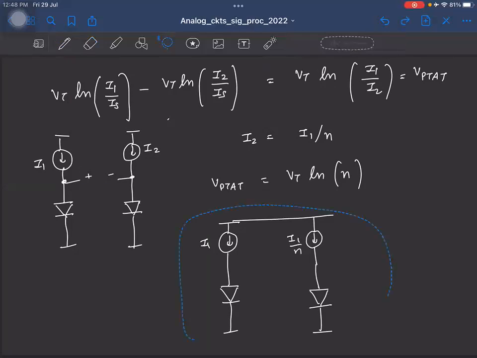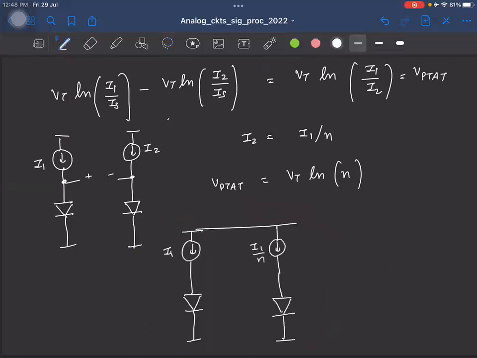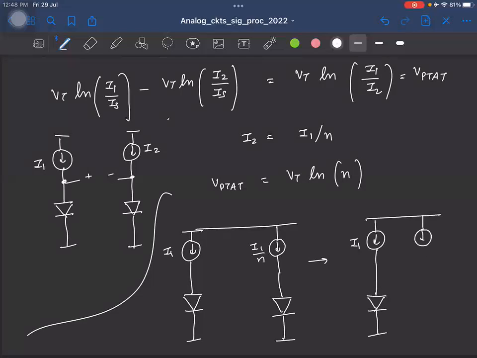Again, this is for practical purposes. It is easier to generate equal currents than to have fractions or multiples of it. So let us say I want the same current in the two branches. This is I1, and I want this also to be I1.